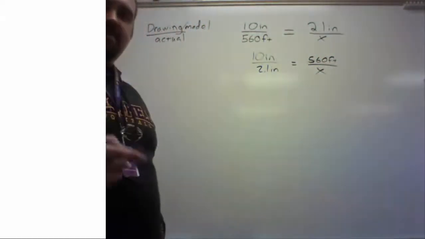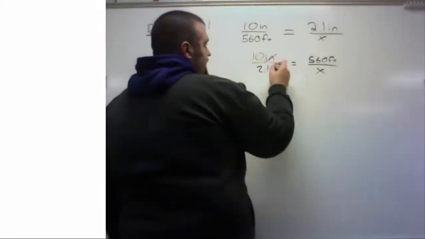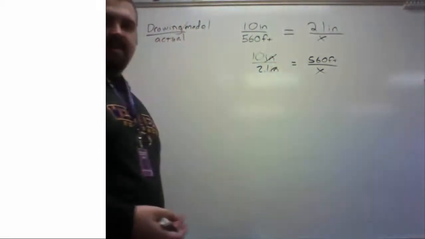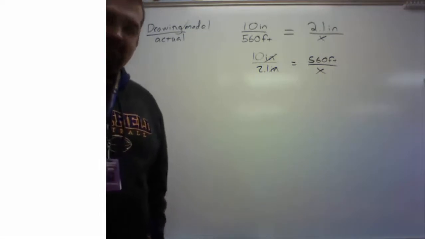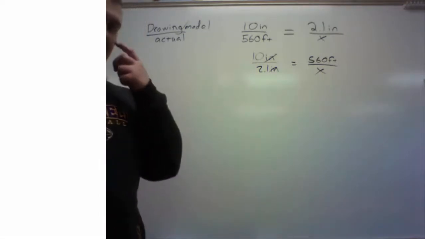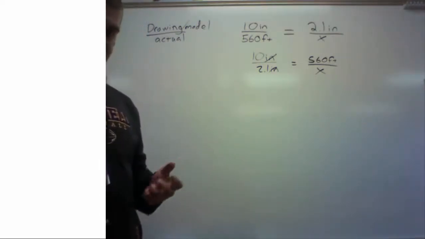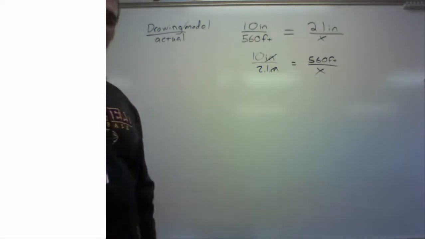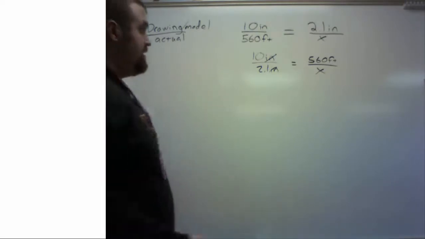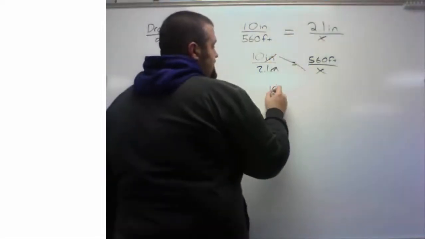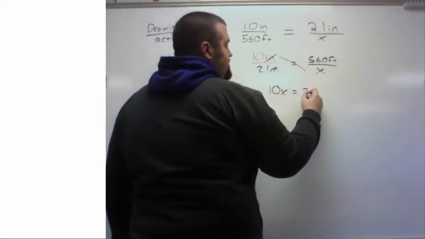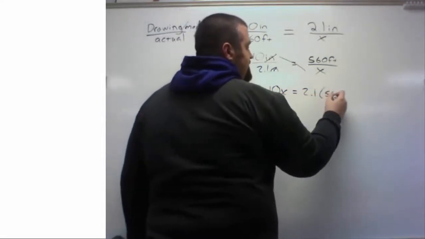Because I have inches to inches above each other, the inches unit cancels out. My answer will be in feet. I don't have to worry about converting feet to inches or vice versa. All I have to do now is solve for x. 10 times x equals 2.1 times 560 feet.